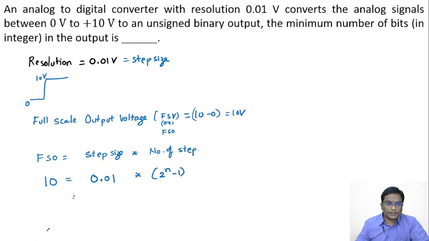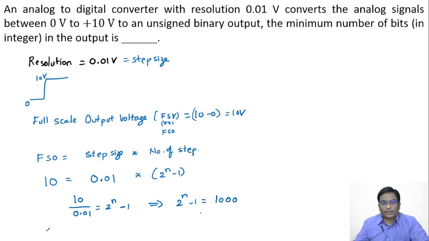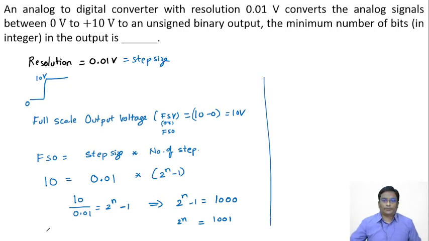Therefore, 10 by 0.01 equals 2 power n minus 1. That implies 2 power n minus 1 equals 1000, or 2 power n equals 1001. Then n equals log of 1001 base 2.